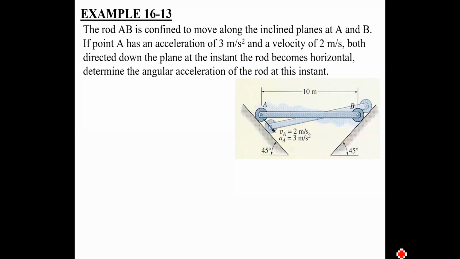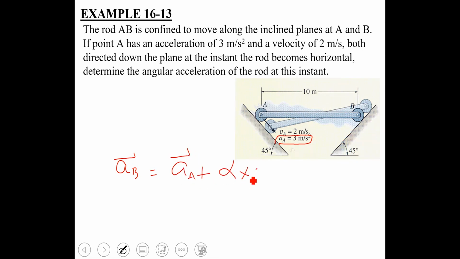So since the acceleration of A is known to us, we are going to make A as our base point. So the equation would become acceleration of B equal to acceleration of A plus alpha cross R minus omega square R. Here alpha is going to be the angular acceleration of this link AB.